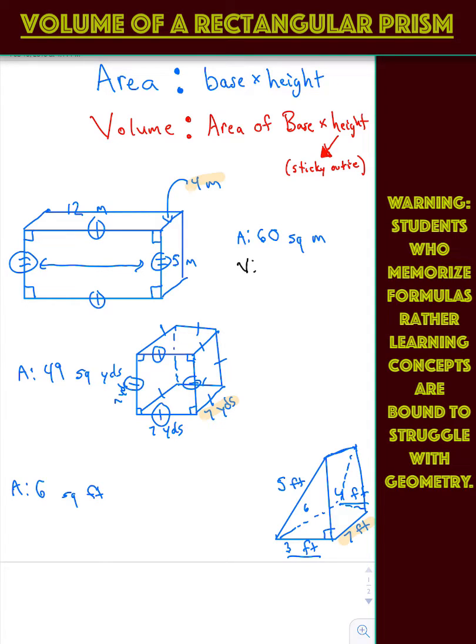I've added a dimension to make these figures stick out, and I know these aren't perfect drawings, but we're going to pretend that these sides are each proportional, even though I know they're not. So when I go to find volume, I need to take the area of the base. In this case, the base was a rectangle.